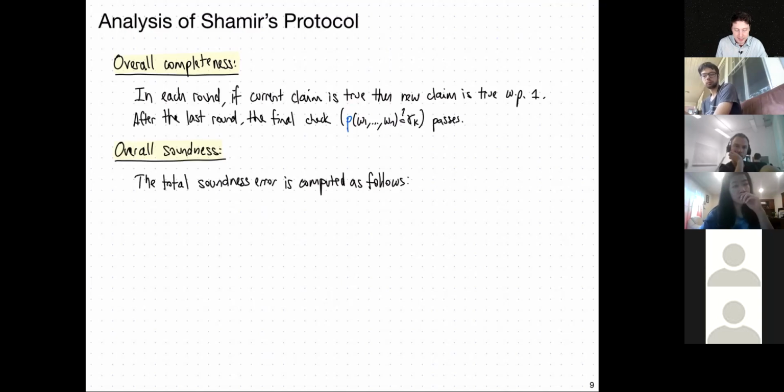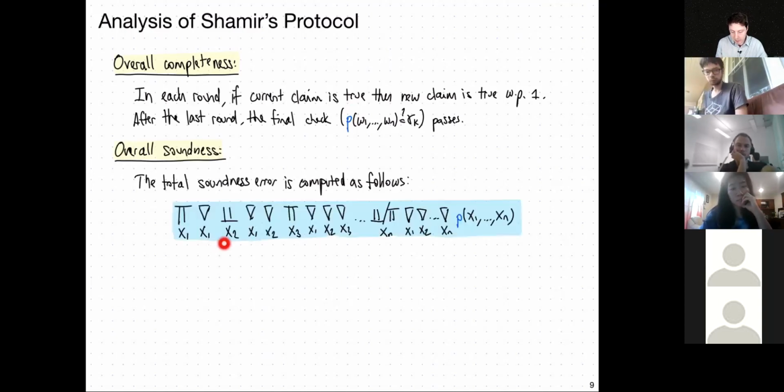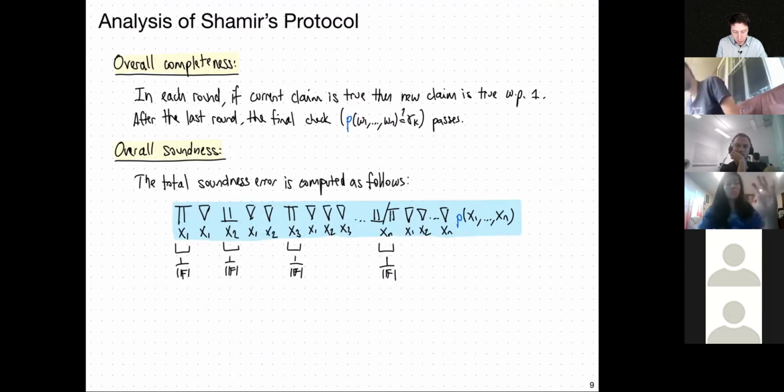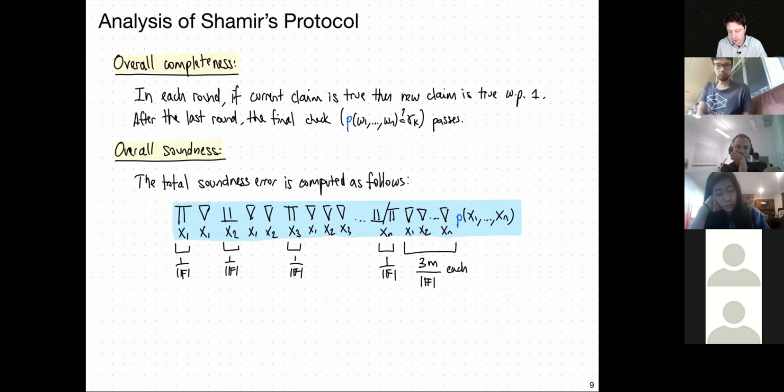Soundness, the total soundness: you incur some error in each round. So the expression was like this, and you have 1 over f at each of the product or coproduct operators. Here you pay 3m because this is the cost, like you go from something of degree up to 3m to 1, right? And then all the others are 2, okay? Because you're squaring something at degree 1.